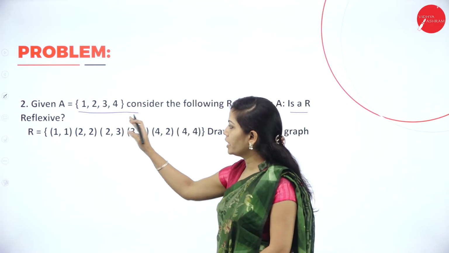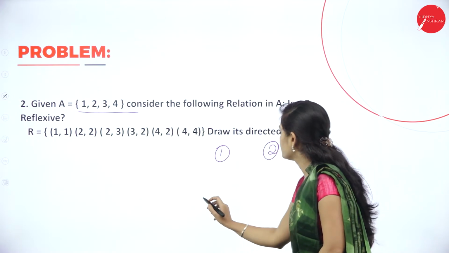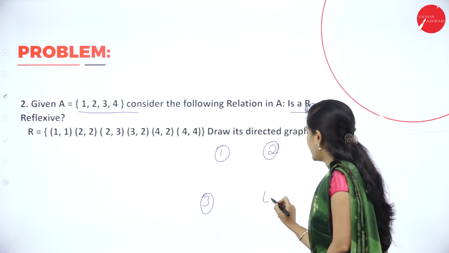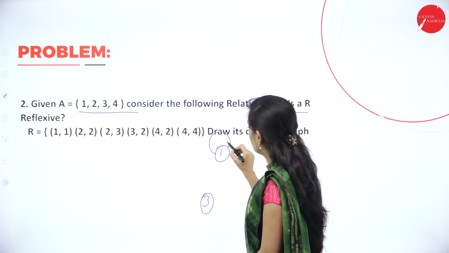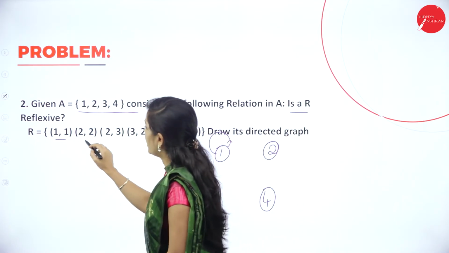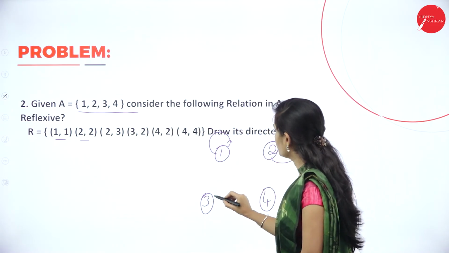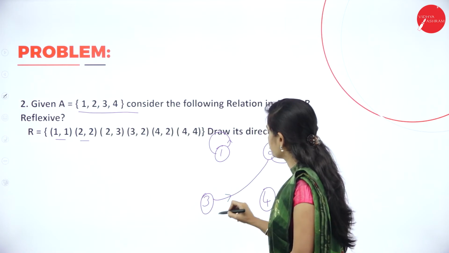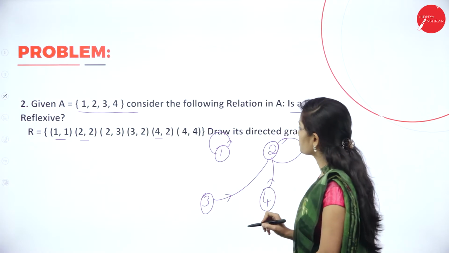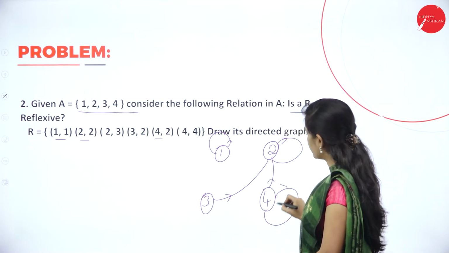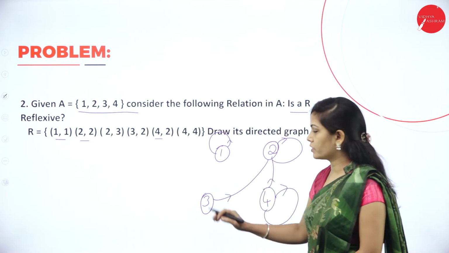We have four different elements: 1, 2, 3 and 4. 1 to 1 is a self loop, 2 to 2 is a self loop, 3 to 2 and 4 to 2, and 4 to 4 is a self loop. So this is your directed graph for the given relation.